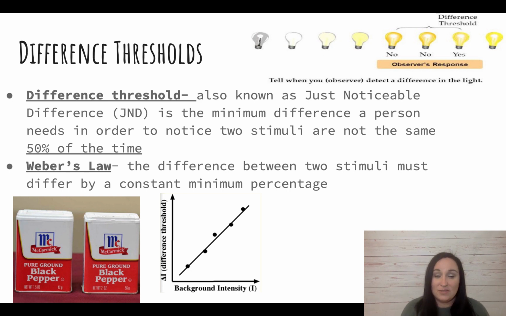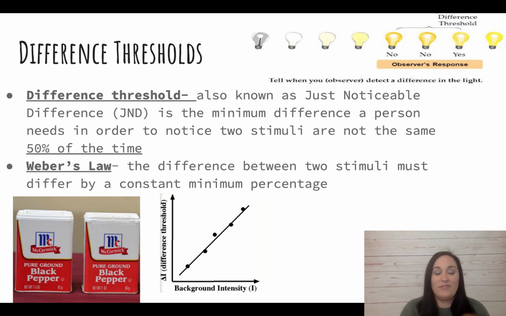And just like absolute threshold, it has to do this 50% of the time. There is also something known as Weber's law, and this is the difference between two stimuli, so difference threshold. Your difference threshold must differ by a constant minimum percentage.